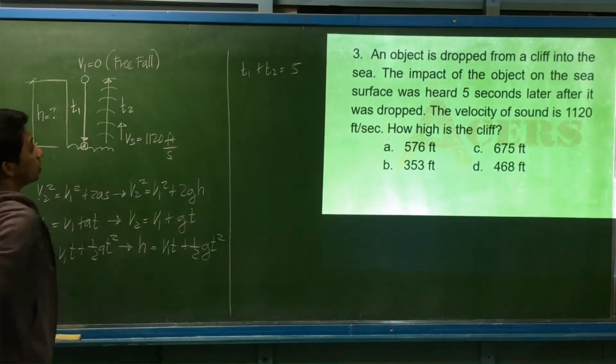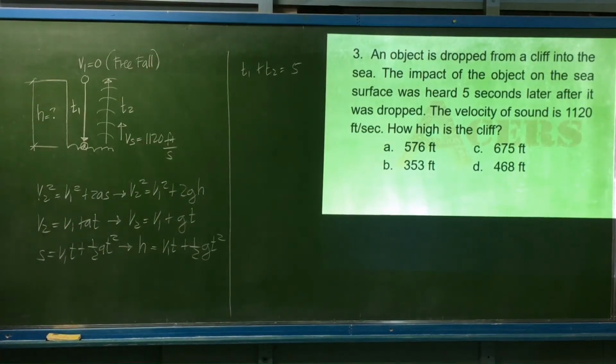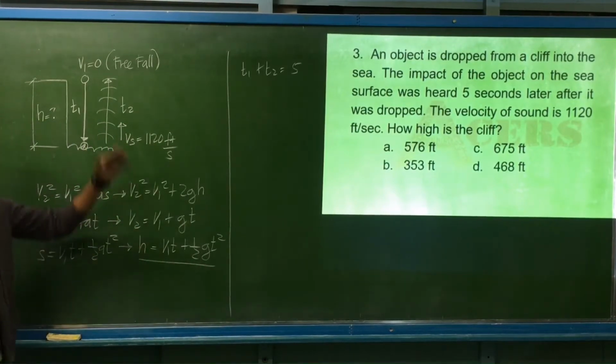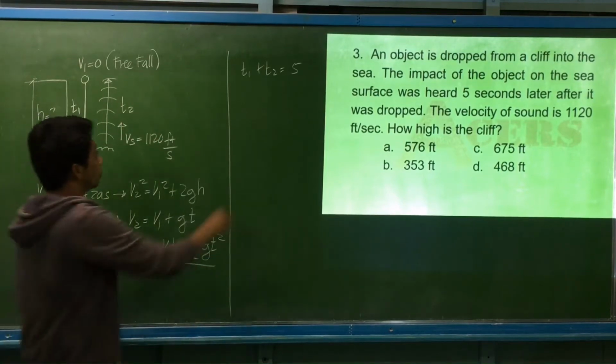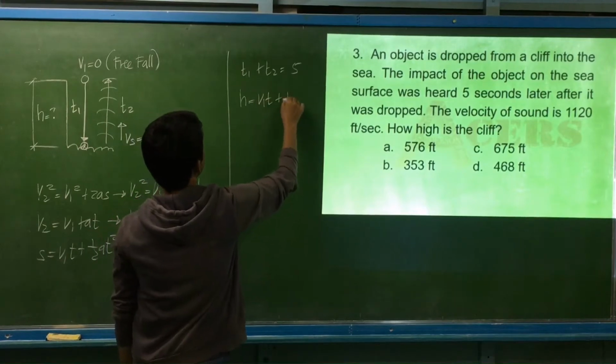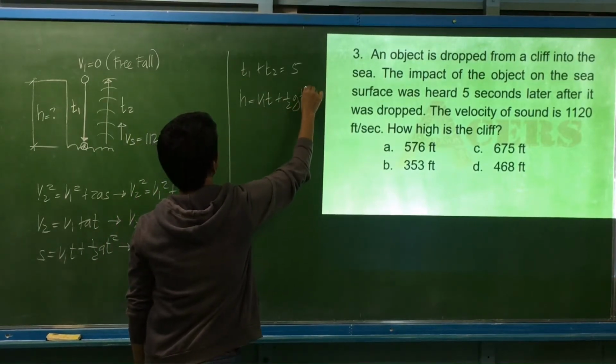For a free fall, initial velocity is always equal to 0. So we can use the third one, since we are looking for h and time is given. The equation is h equal to initial velocity times time plus 1/2 gt squared.